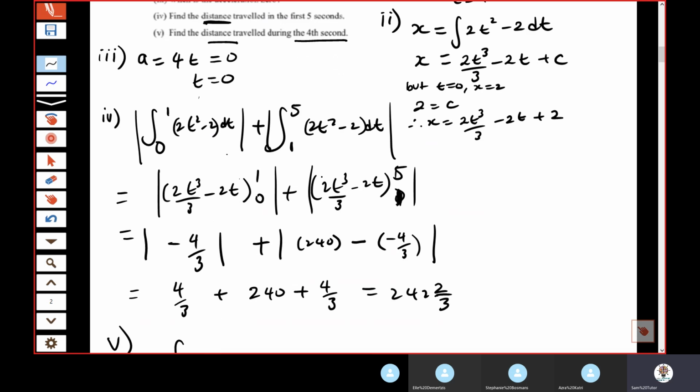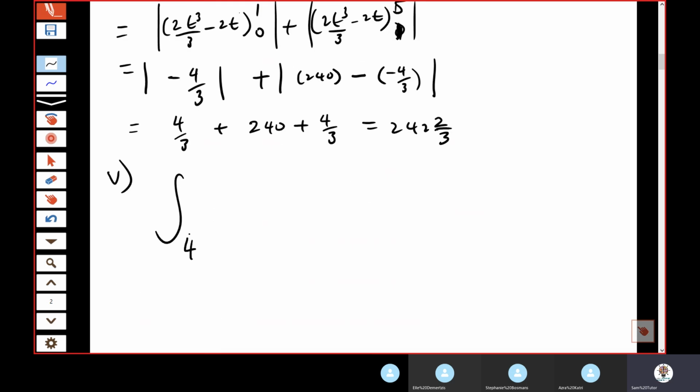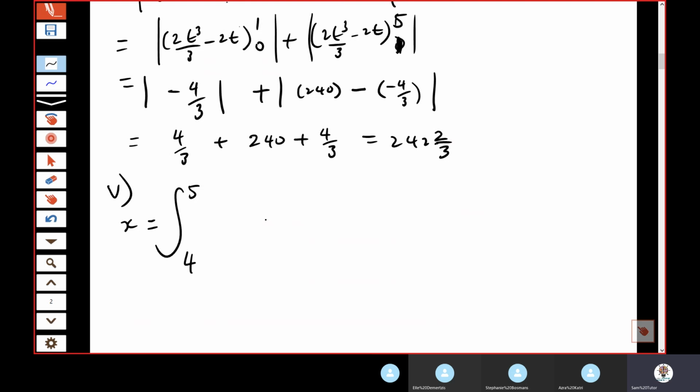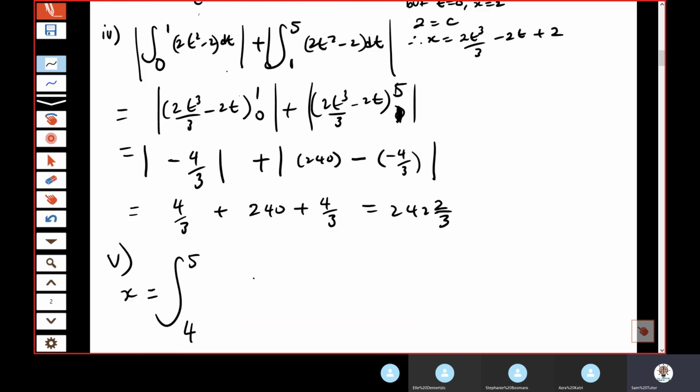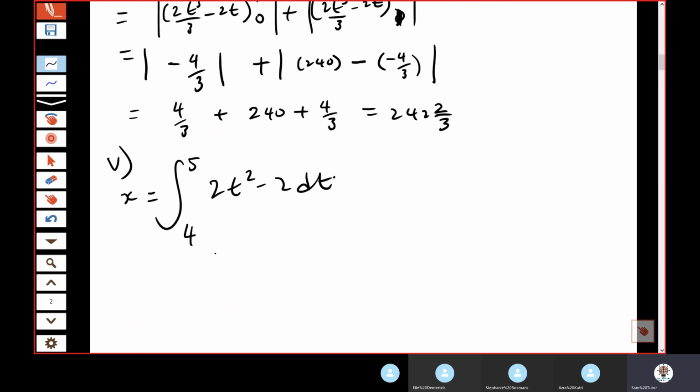v from 4 to 5, during the 4th second. From 4 to 5, and then 2t squared again minus 2 dt. Again, we know the answer is 2t cubed on 3 minus 2t, and then 5 and 4, sub it in, and you're done. Why don't we need absolute values here?